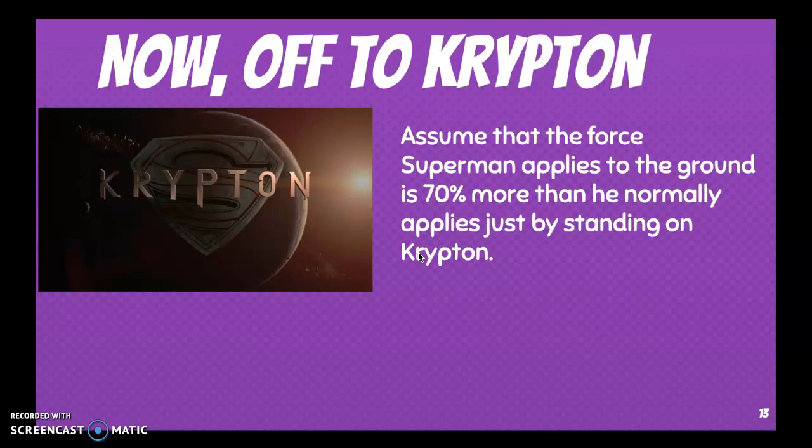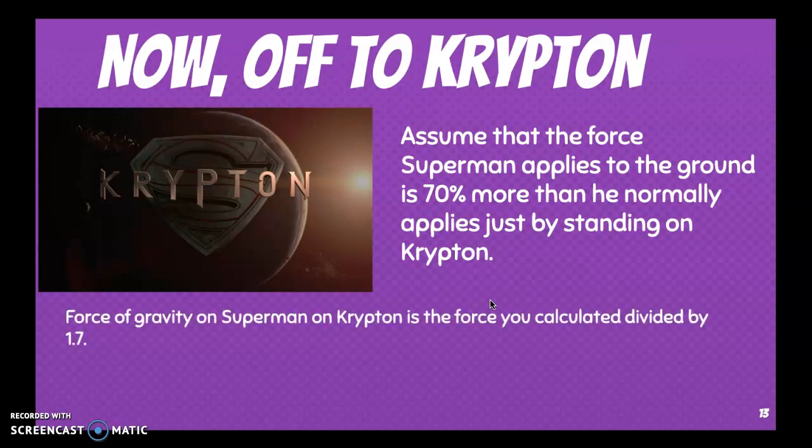What you're weighing is a force, and then you had someone watch while you jumped, and you would see that needle leap up as you pushed off. So we're assuming that the spike in the needle is about 70% higher than your normal force of gravity applied to you. So the force of gravity on Superman on Krypton is the force you calculated divided by 1.7.